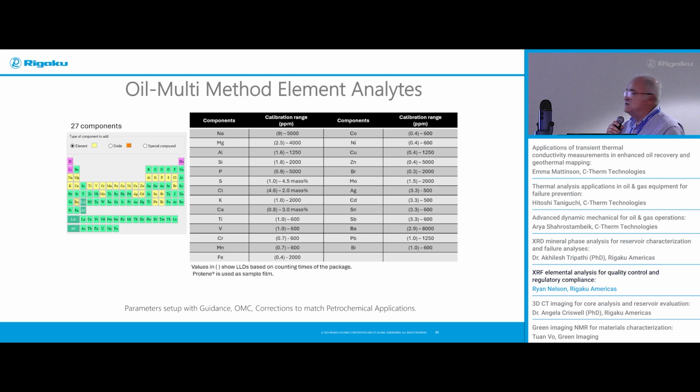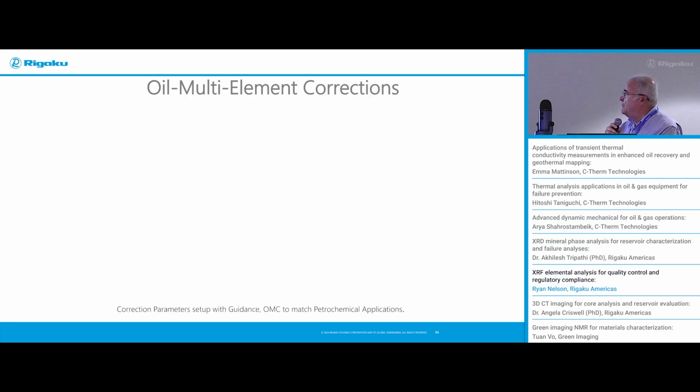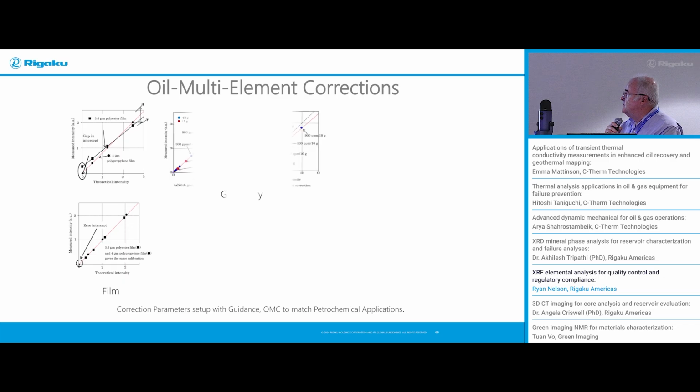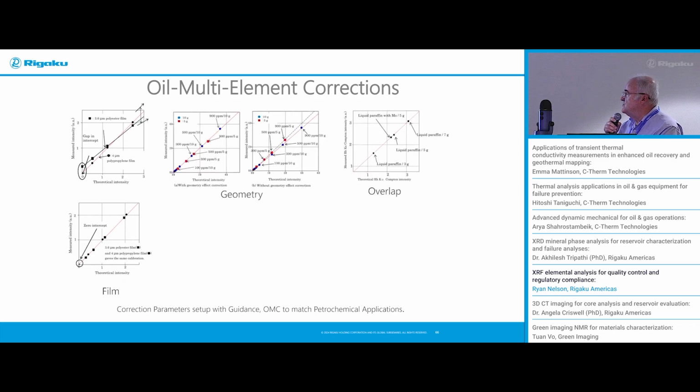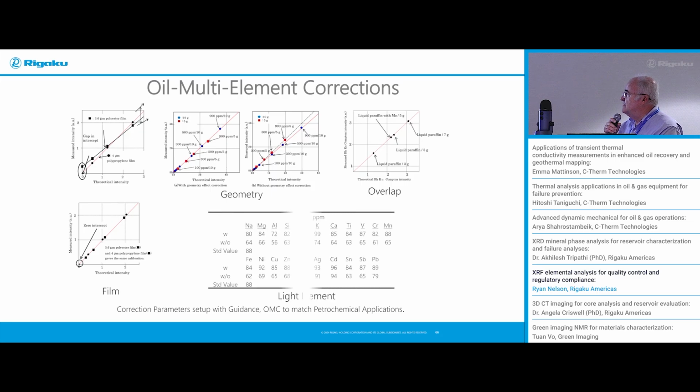Some of the other packages put in, so you don't have to set up everything, you don't need the expertise, is multi-method element analysis or pre-calibration packages. So they can end up with a range as just a kit. So the system's already set up for all oil analyses you may be performing. And it employs these corrections for geometry and film, absorption, and overlap automatically.